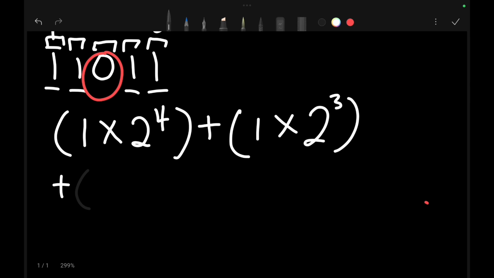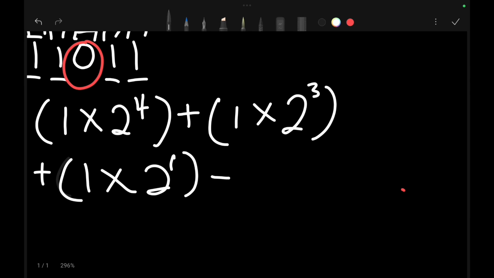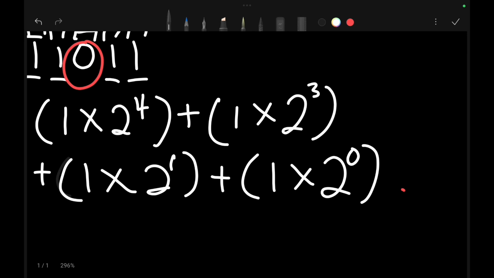Plus 1 multiplied by 2 with the power of 1. Then you proceed: plus 1 multiplied by 2 with the power of 0. And what do you get?